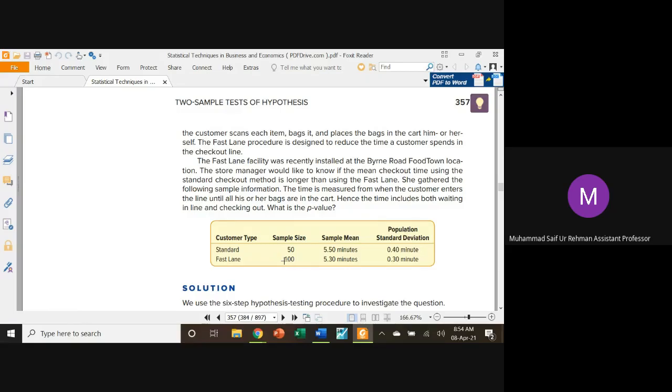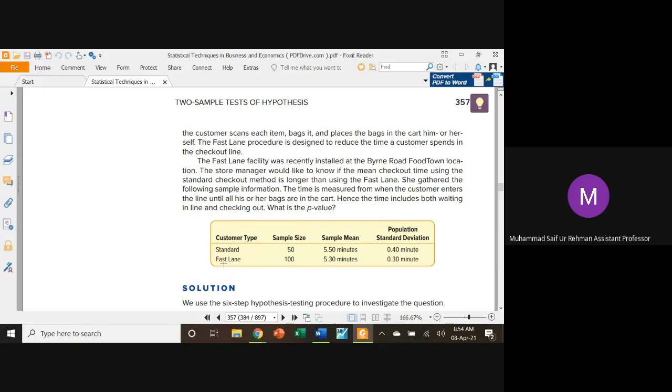If you see this in tabulated form, the required values are provided. For customers using the standard method, we have taken 50 of those customers who used the standard conveyor method, and we found the mean as this, and the population standard deviation was known already from past experience. So this was 0.40 minute.